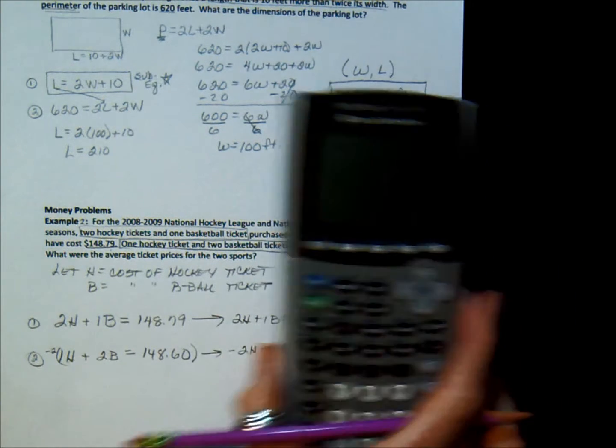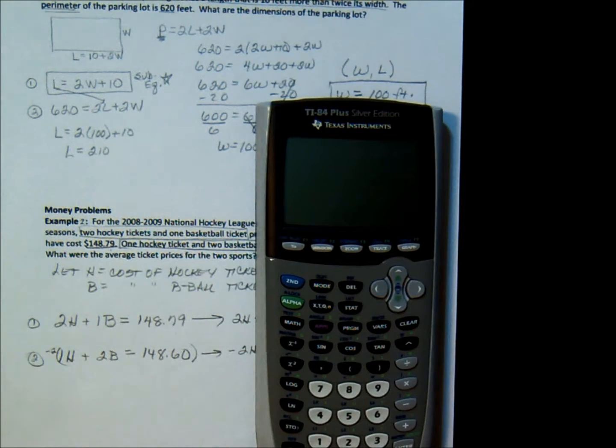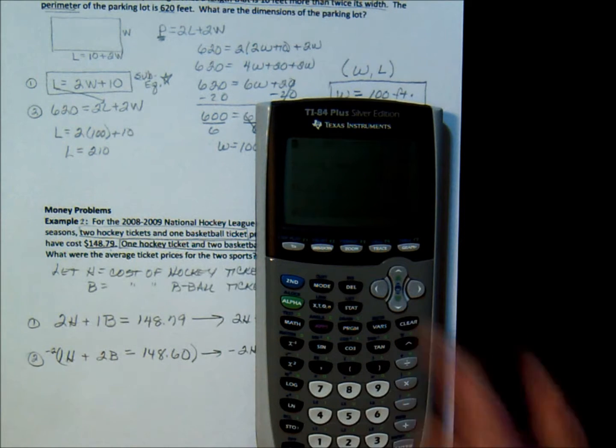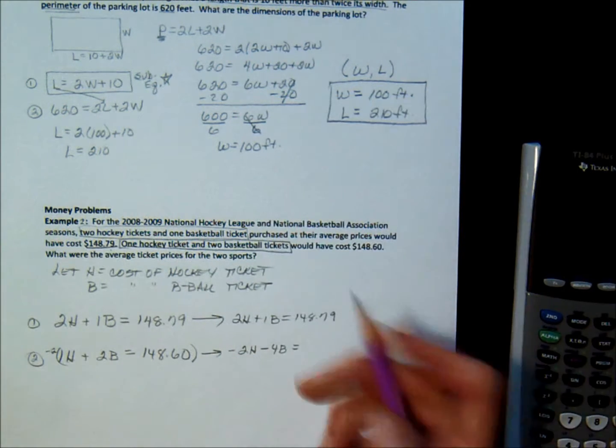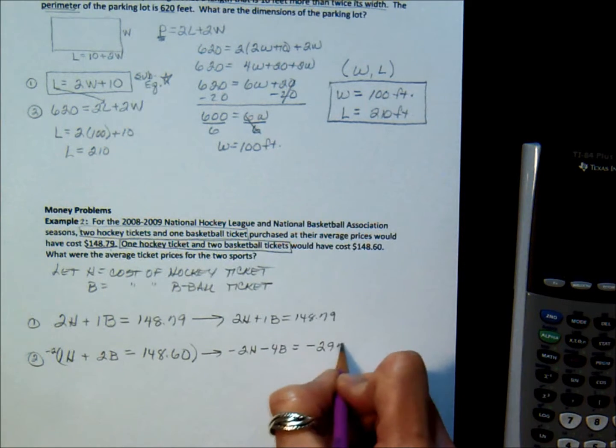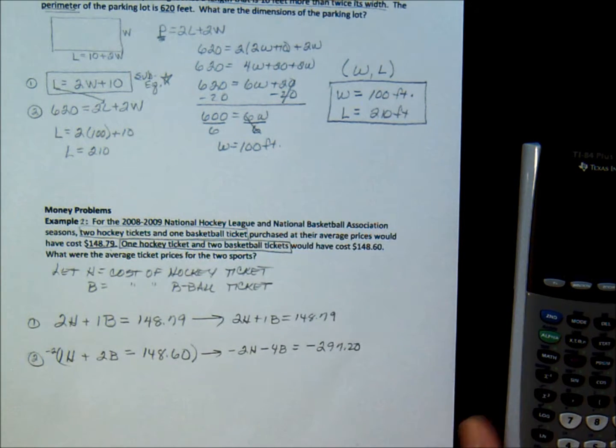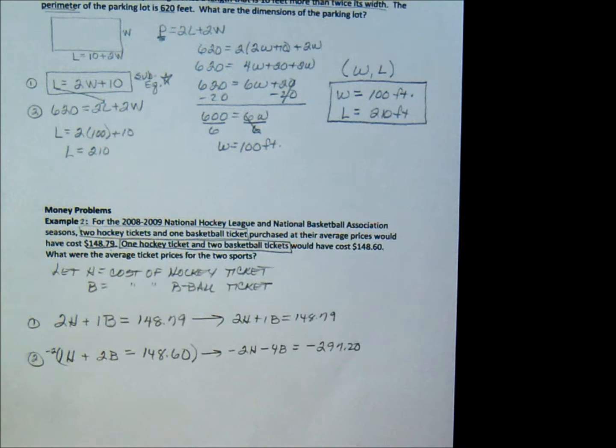I'm going to put 148.60 times -2, and we have -297.20. Since that was hard to see, I'll just do the calculation, and you can do it with your own calculator.